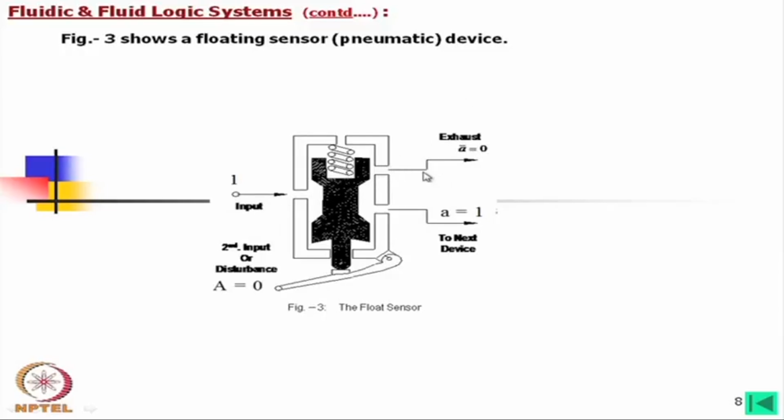If we consider the output here, it is the reverse of the output there. So, it is A bar, which is equal to 0, it is not A. This means that by operating this on and off, either the flow goes to the next device or the flow goes to exhaust, so the device is not operated.